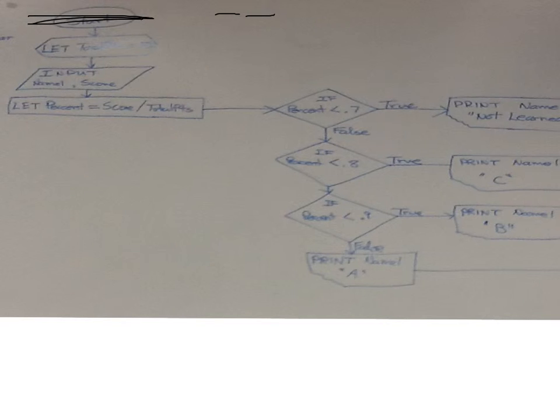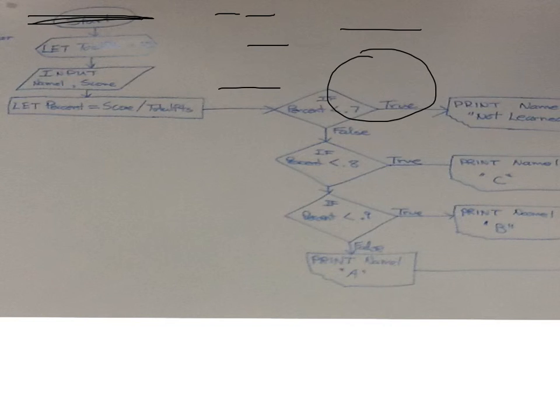If it is, based on our criteria, we print not learned. If this is false, the score must be greater than 70, so we look to see if the percent was less than 0.8. And if it's less than 0.8, we know it's greater than 0.7, then they must have gotten a C.